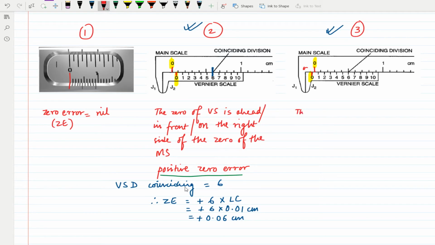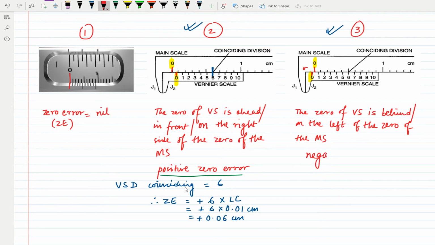So if the zero of the vernier scale is behind or on the left of the zero of the main scale, then it is called negative zero error.